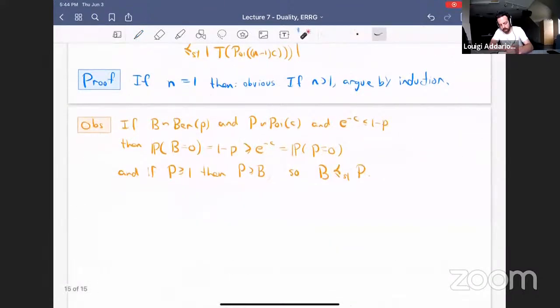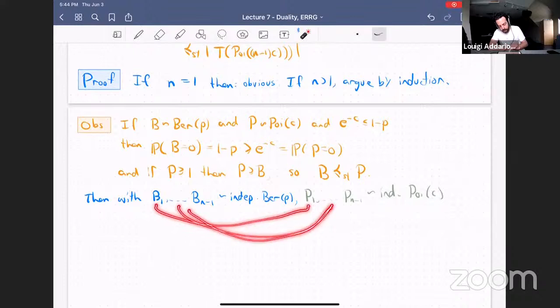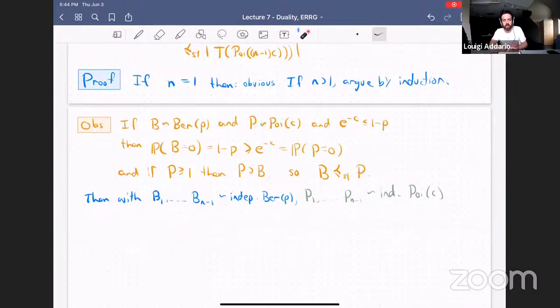So that's where the form of our inequality between p and c comes from, because now if I take B1 up to B(n minus 1) to be independent Bernoulli p random variables, and P1 up to P(n minus 1) independent Poisson c random variables, then each of these individually is stochastically dominated by its counterpart on the right, and summing the independent copies preserves the stochastic domination.